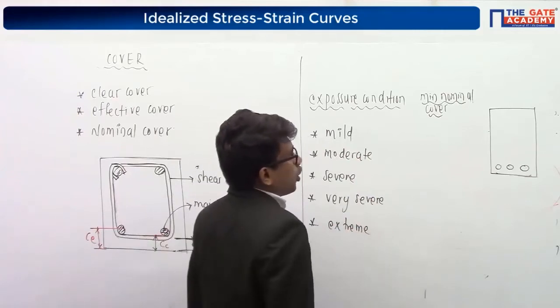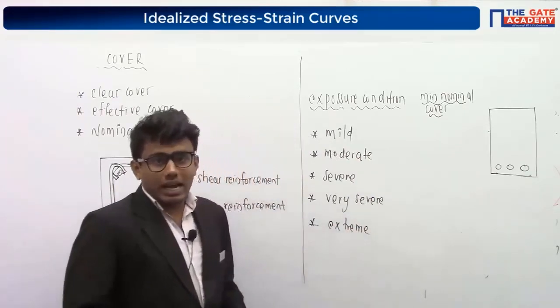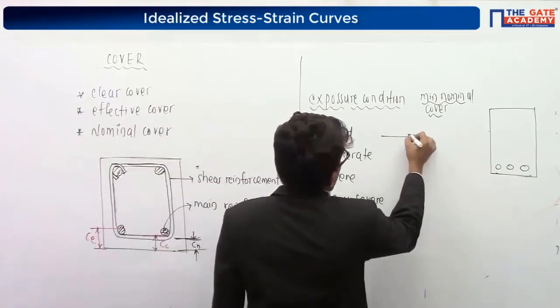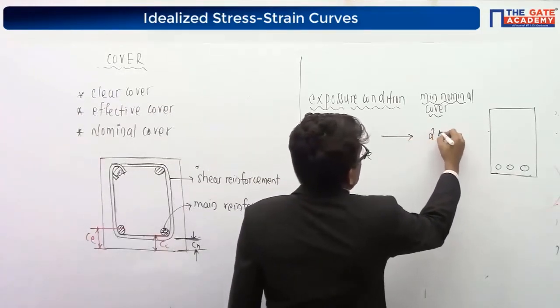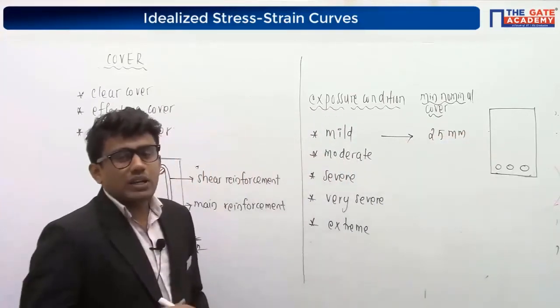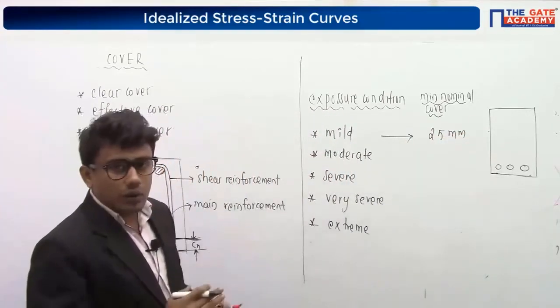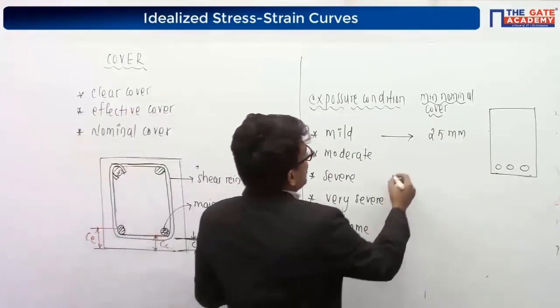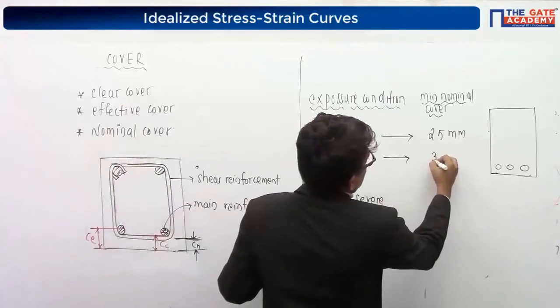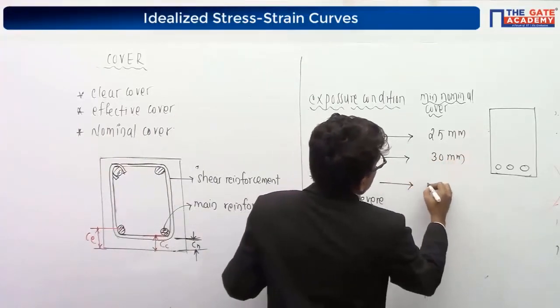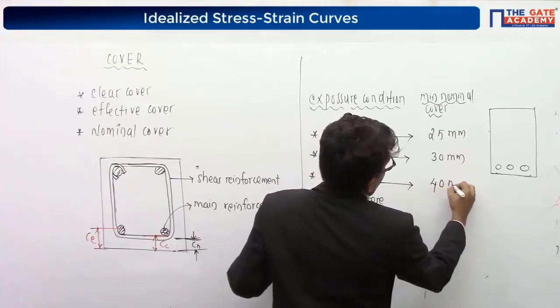What is the minimum nominal cover value given by IS 456-2000 for the mild exposure condition? The value is 25 mm. We have to provide a minimum of 25 mm as our minimum nominal cover for mild exposure. For moderate exposure, it is 30 mm, and for severe, it is 40 mm.